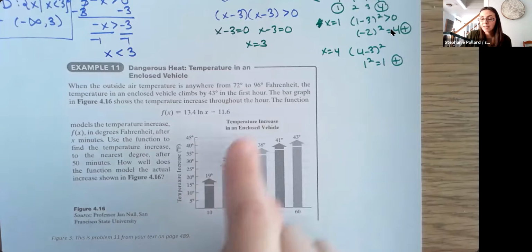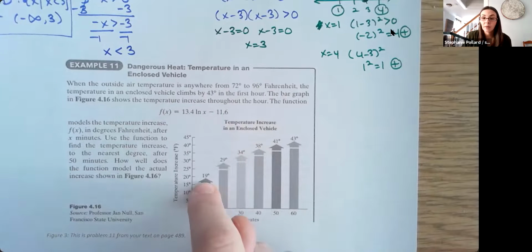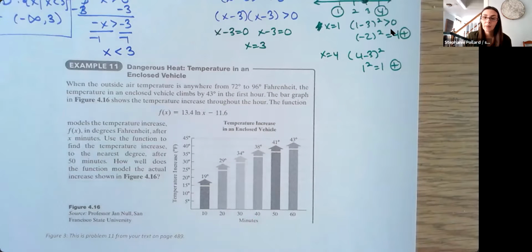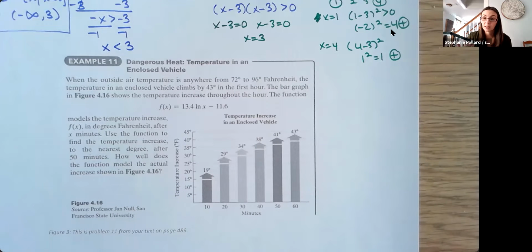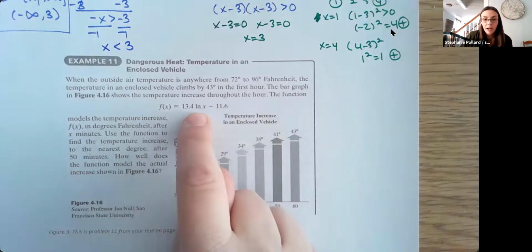Particularly if it's already 90 degrees out, within 10 minutes, that car is going to be 110 degrees. So again, it's a warning that we tend to see around here in the summertime, reminding us never to leave children, particularly animals, in vehicles that are not running, because it gets very, very hot very quickly. This is actually modeled by a log function, the natural log function.